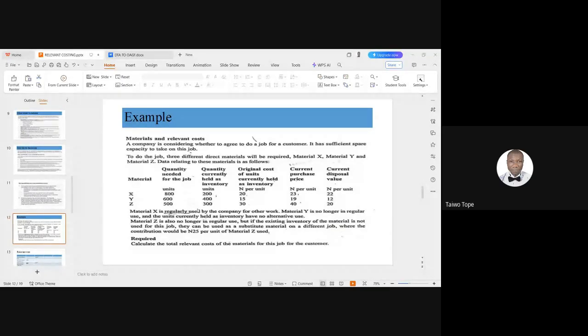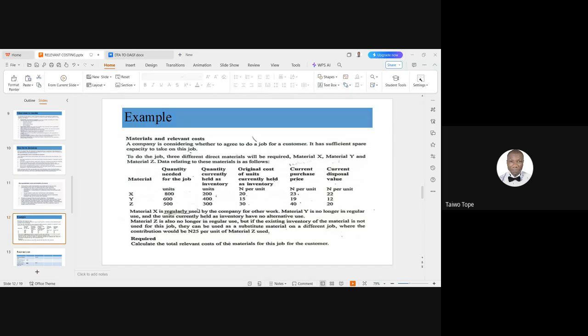Take note of that, please. When you use the 400 units, you will be sacrificing 12 naira. And once you are sacrificing 12 naira, the opportunity cost is that 12 naira, the 12 naira you bring into your computation. Anytime you have opportunity cost, it will always be the relevant cost.